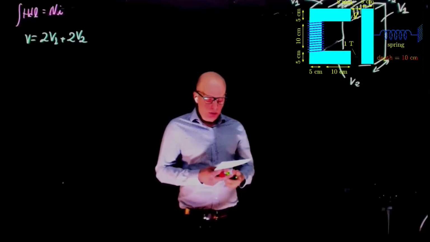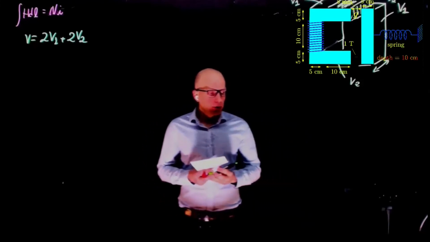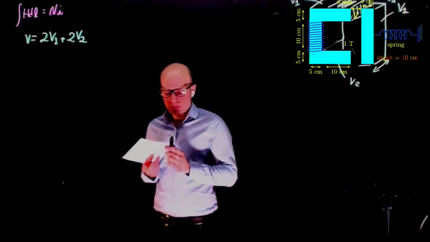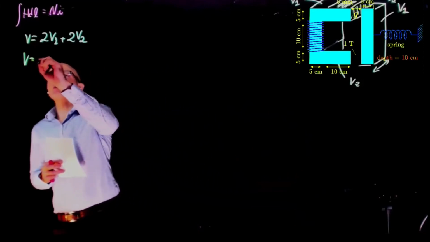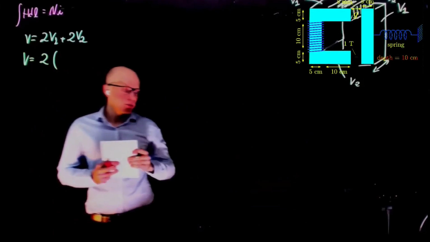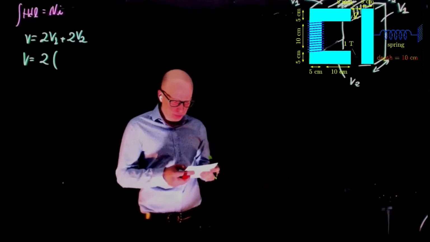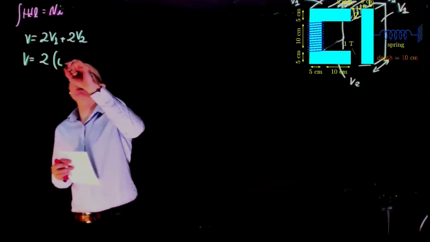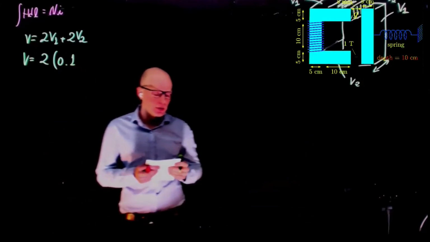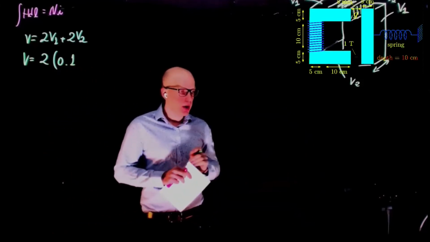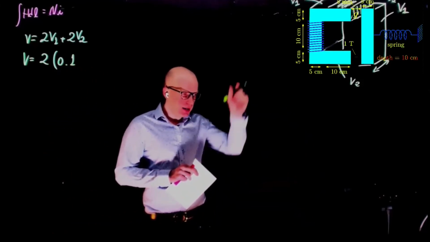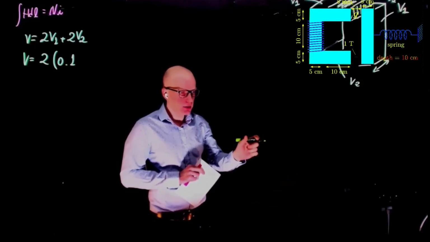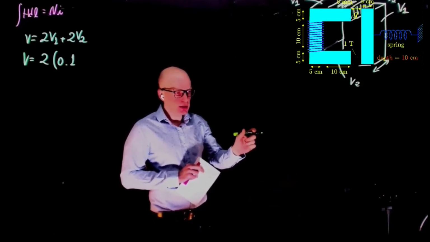All right, so let's look at the volume V1. How do we define volume V1? Volume V1 is 2 times the depth, which is 0.1, 10 centimeters. What else? We have the height. What is the height? There is 20 centimeters.